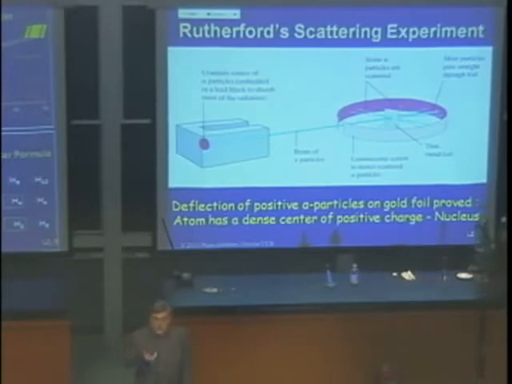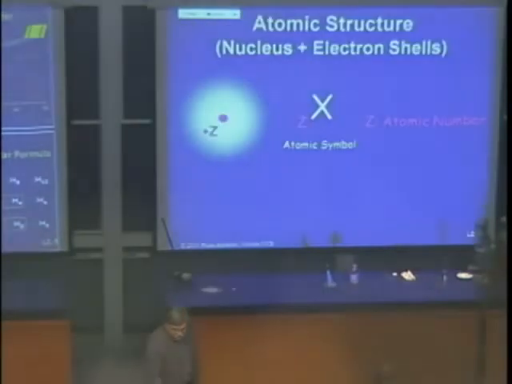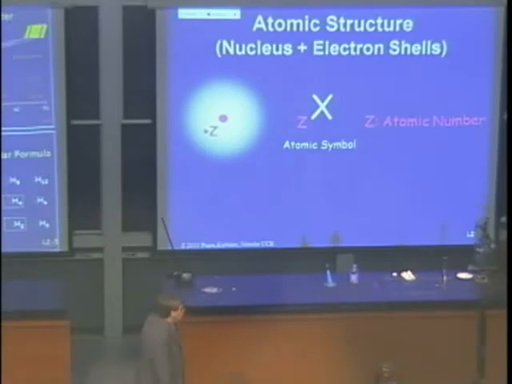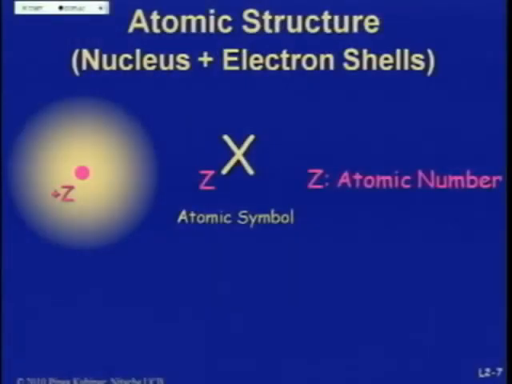We know that because who carries the positive charge in the nucleus? Or what carries the positive charge in the nucleus? The proton, okay? That's the proton. And so we have protons, and the number of protons that you have determines exactly what element you have.